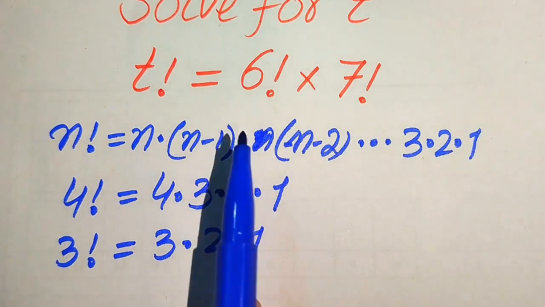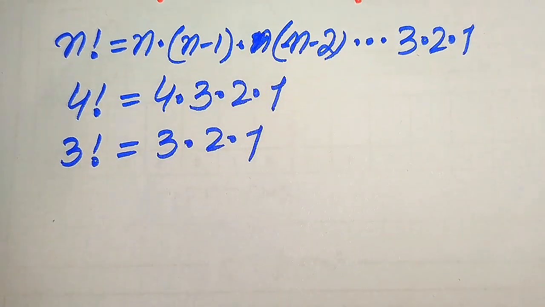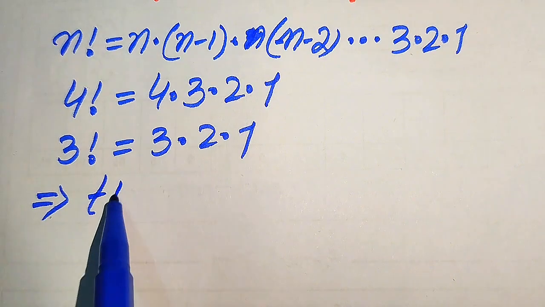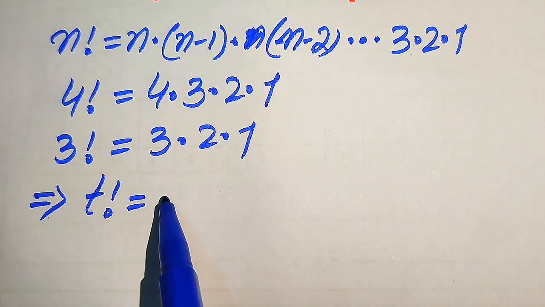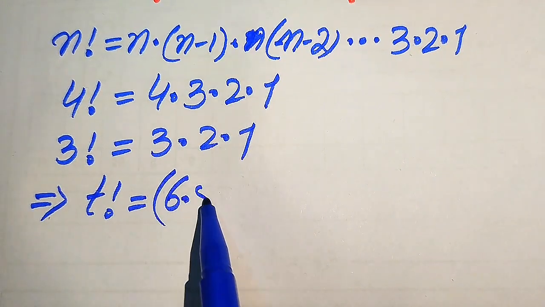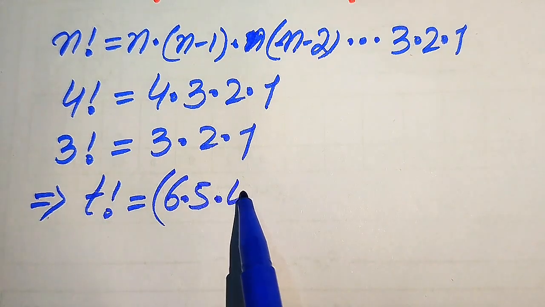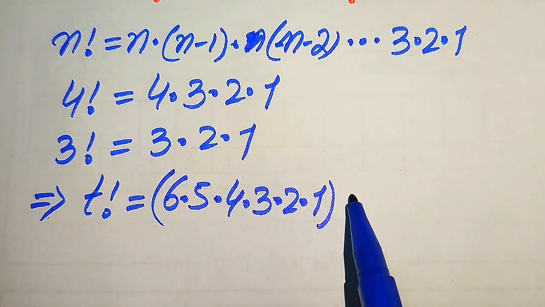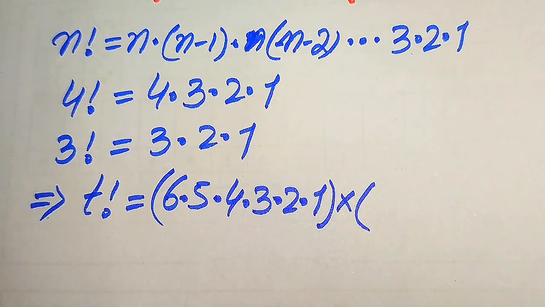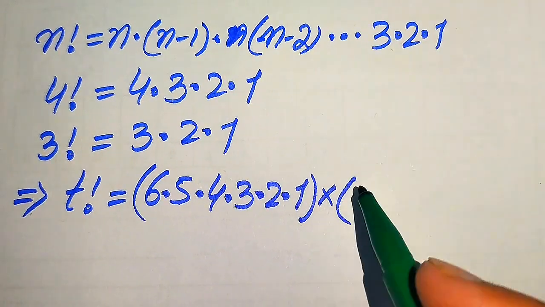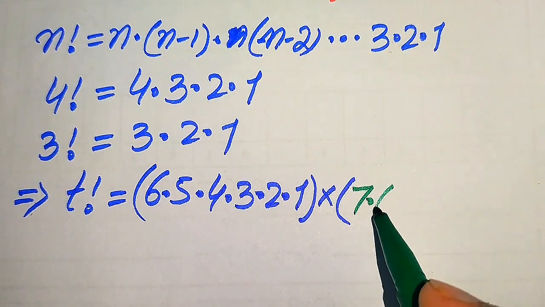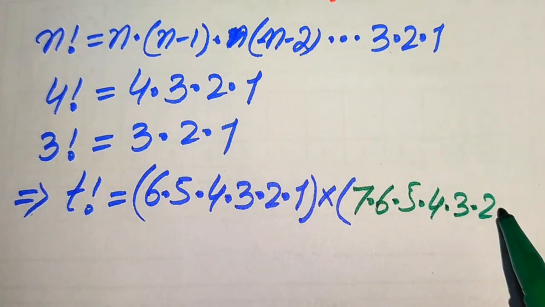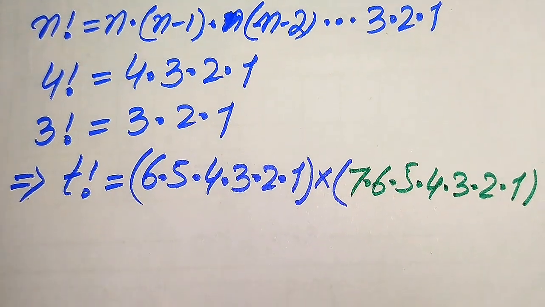We need to expand both of these factorial signs, so that our given statement is written as t factorial equals, first, 6 factorial, which we write as 6 multiplied by 5 multiplied by 4 multiplied by 3 multiplied by 2 multiplied by 1, and the second one is 7 factorial, which is written as 7 times 6 times 5 times 4 times 3 times 2 times 1.